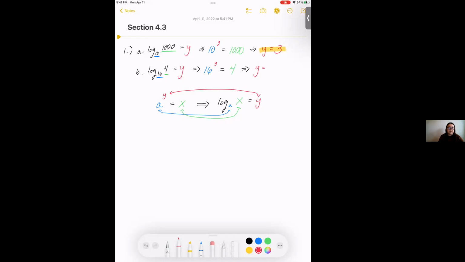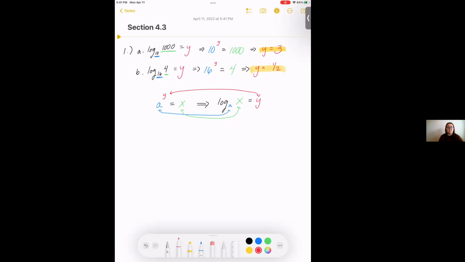Well, if we really think about it, the square root of 16 is 4. So we want the exponential form of a square root, which is 1/2. Something to the power of 1/2 is the same thing as saying the square root. So for part A, we got that y was 3.